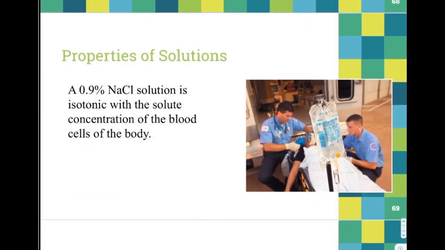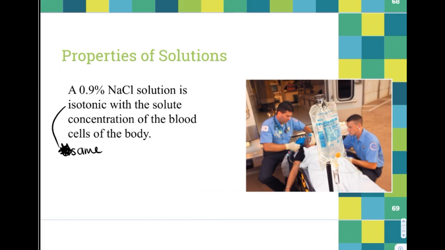And so we're going to talk about properties of solutions in the last little bit. When you give someone an IV, you're typically giving them an isotonic solution, which is 0.9% sodium chloride. Iso meaning the same, so isotonic means the same. An isotonic solution has the same solute concentration as your blood.